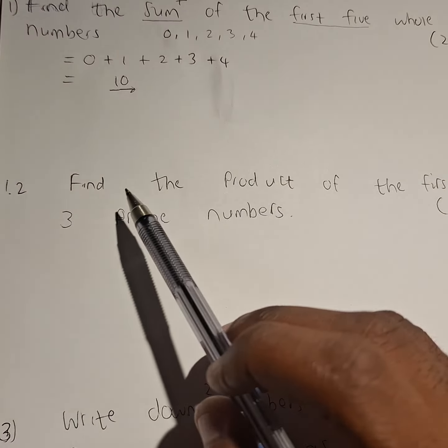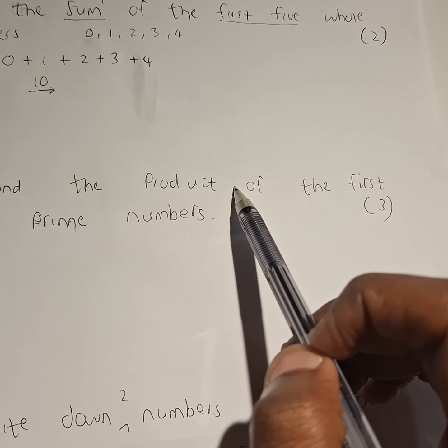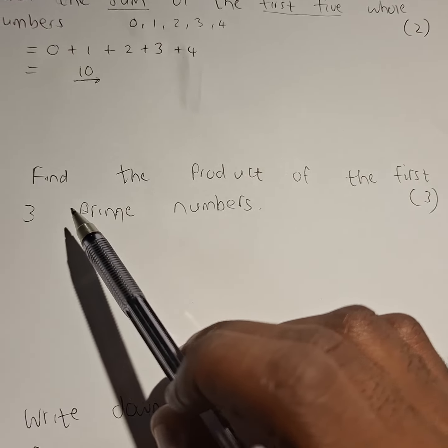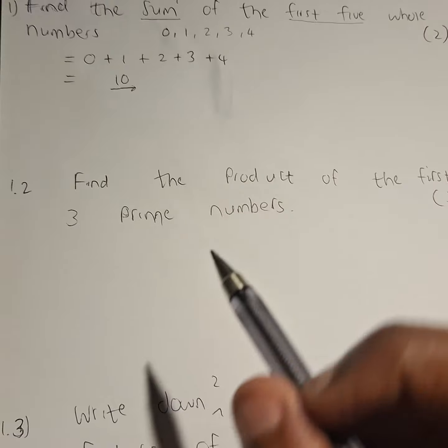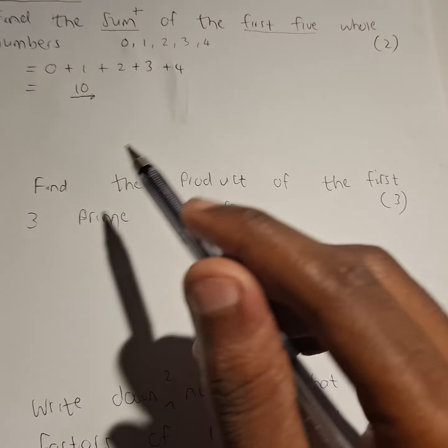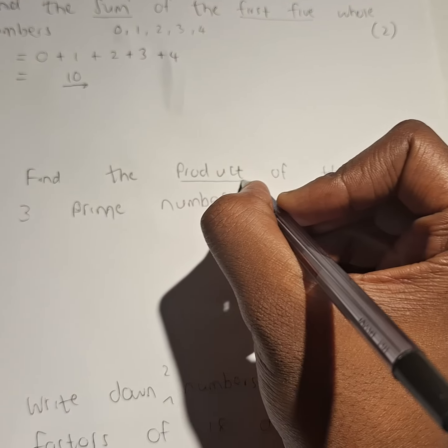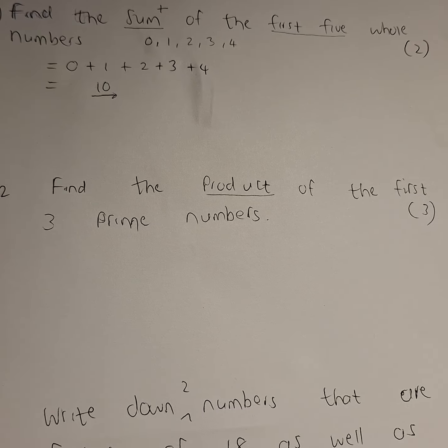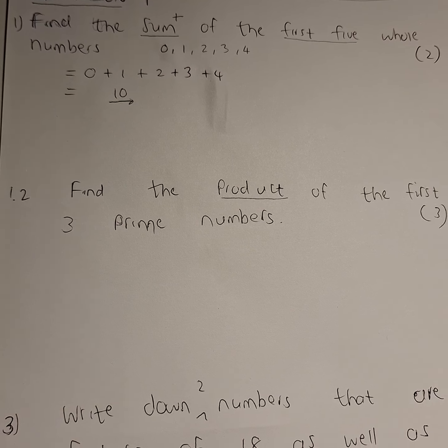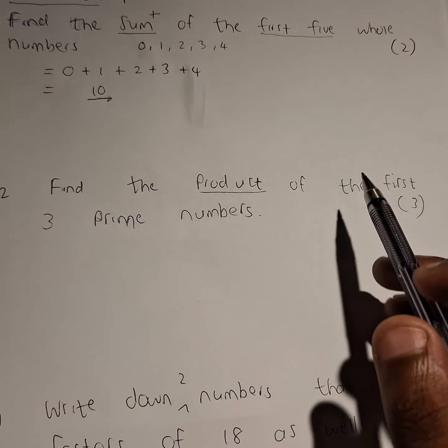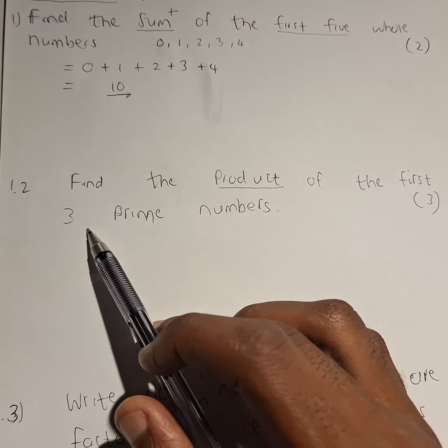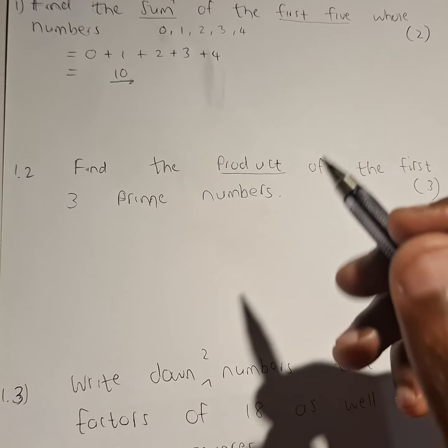The second question says, find the product of the first 3 prime numbers. So once again, what do these terms mean? Find the product. What does the word product mean? This means the multiplication of the first 3 what? Prime numbers.